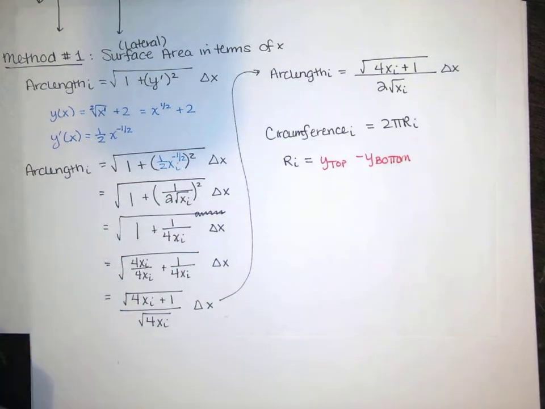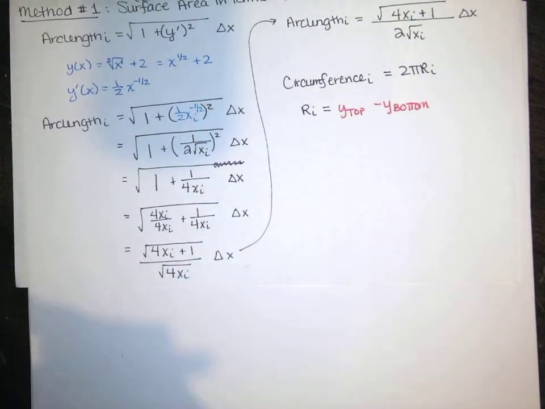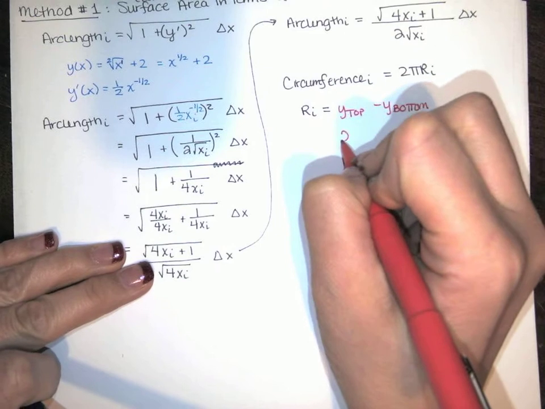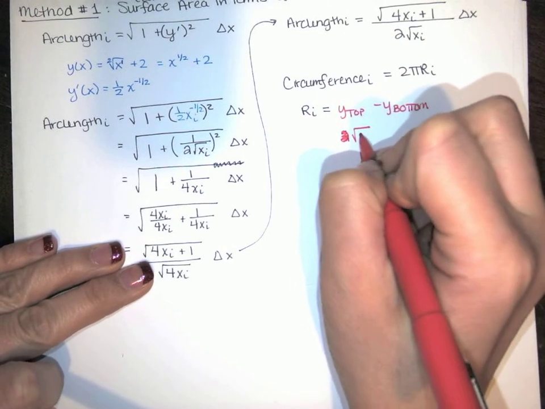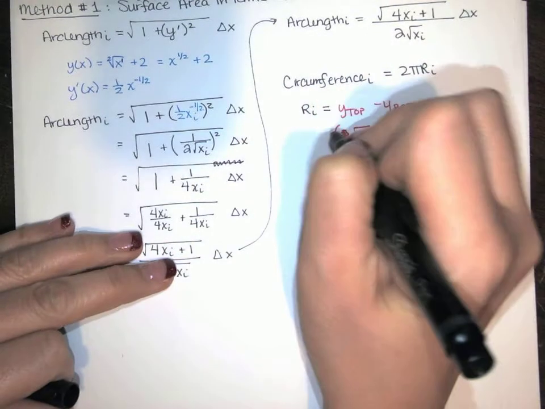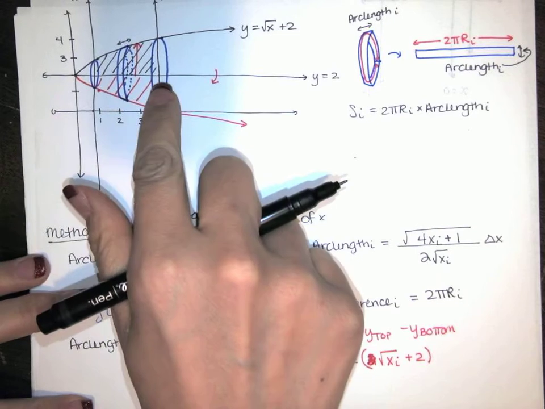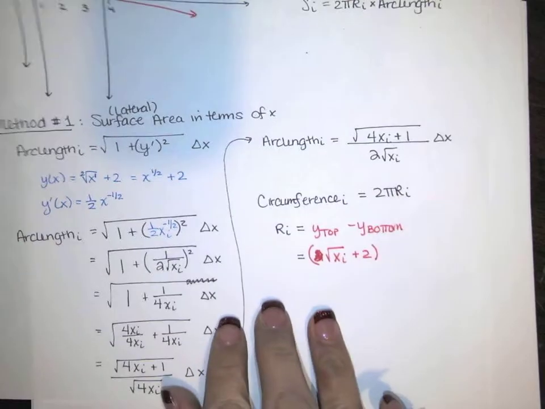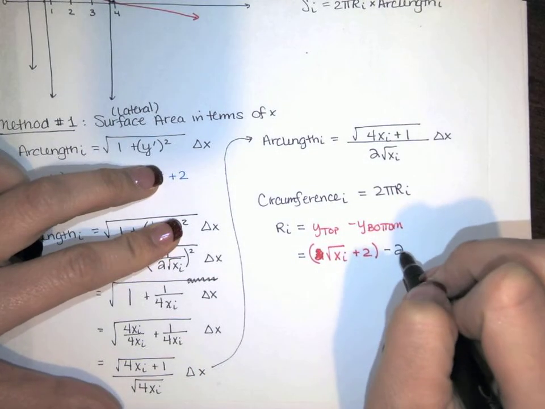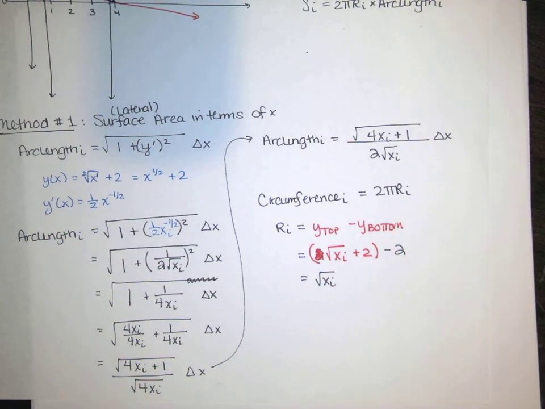Well, the top y value in terms of x is just given by the square root of x plus 2. So I've got, oops, not 2, square root of x sub i plus 2. That's my top y value. And the bottom y value that's on our axis, that's y equals 2. That's convenient. We're subtracting 2, so we just end up with the square root of x sub i as our radius.